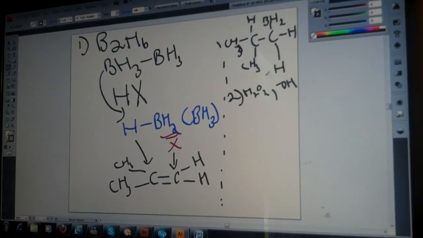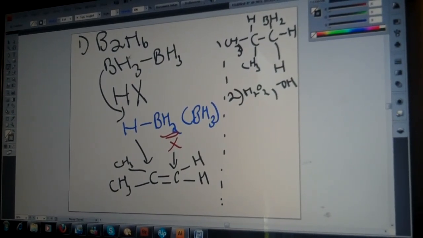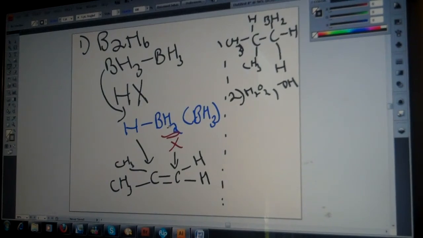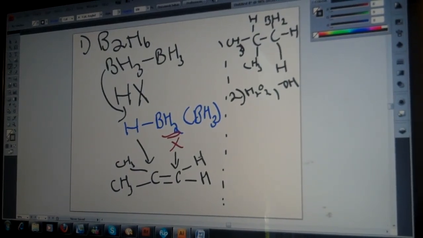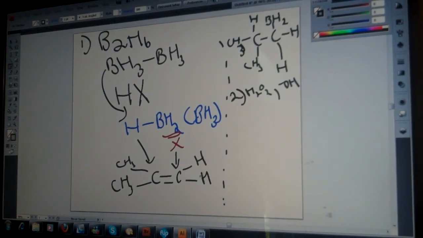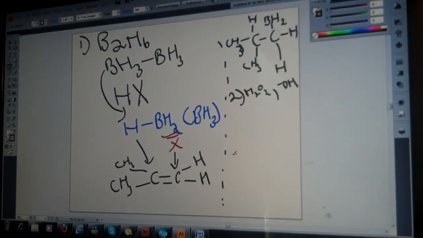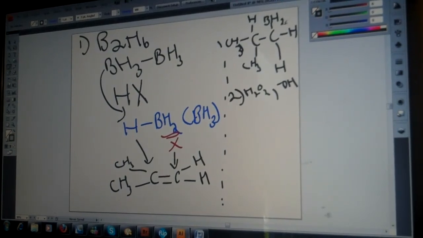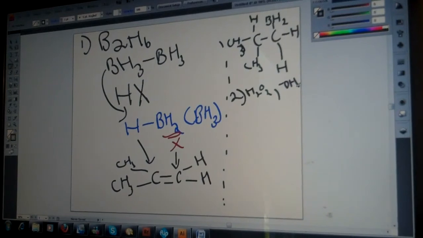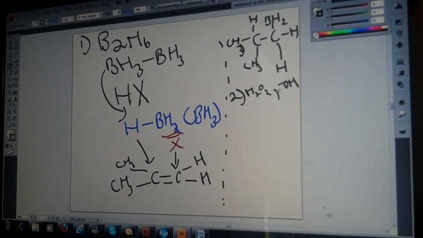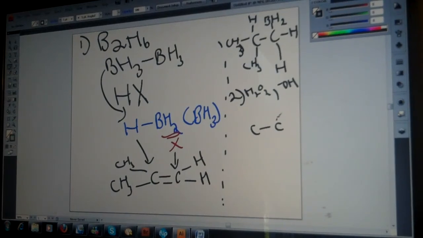So after you have this formed from performing the anti-Markovnikov addition, making the BH2 act as the halide group, adding it to the carbon with the most hydrogens, what you then do is replace the BH2 with the OH. The OH now acts like a nucleophile, and the BH2 acts as though it's a leaving group.